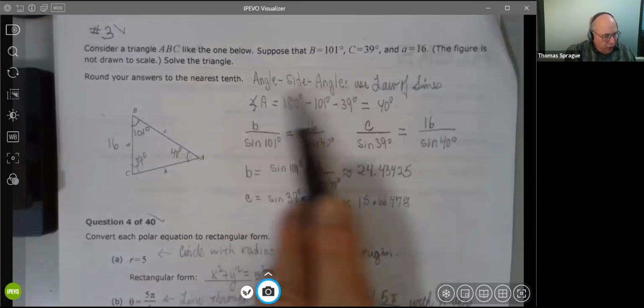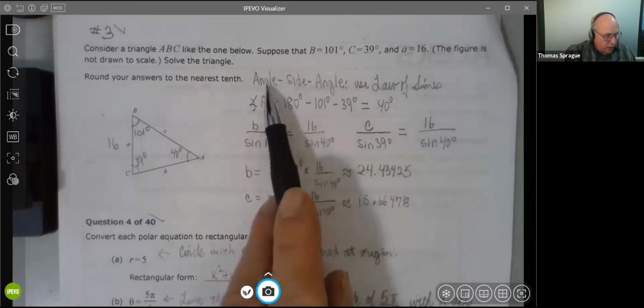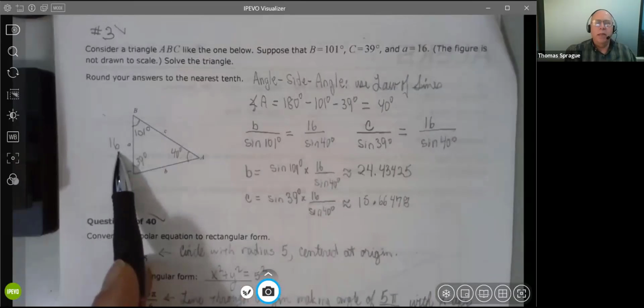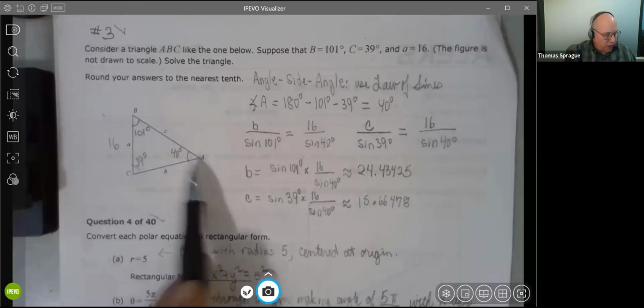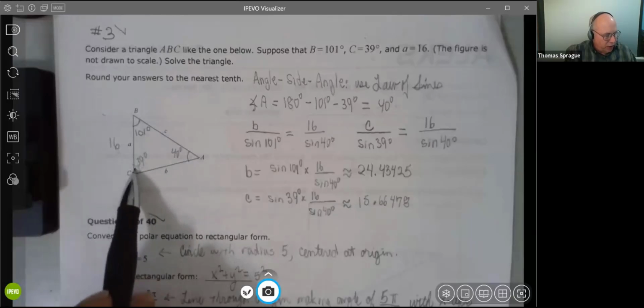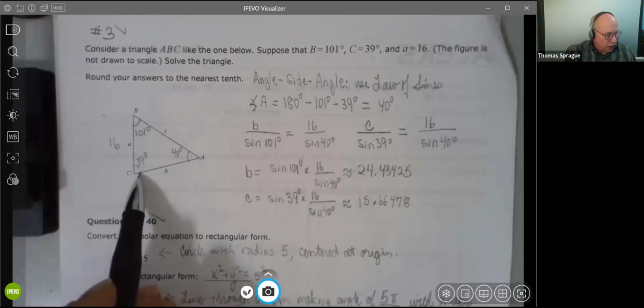I might have said something stupid earlier, like there could be 2 solutions. Well, there can't, because if you know 2 angles, you know 3. And therefore, whatever side you know is included between 2 of the angles you can measure.